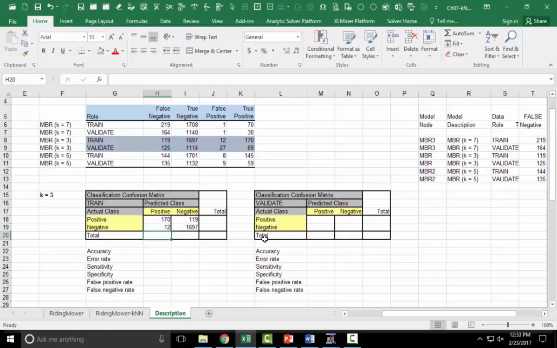Okay. So now you have the confusion matrix for train k equal to 3.